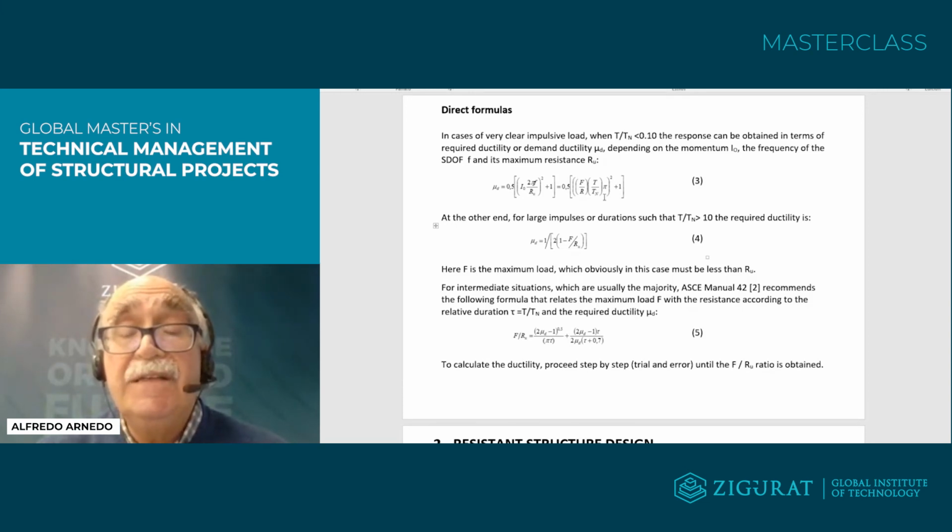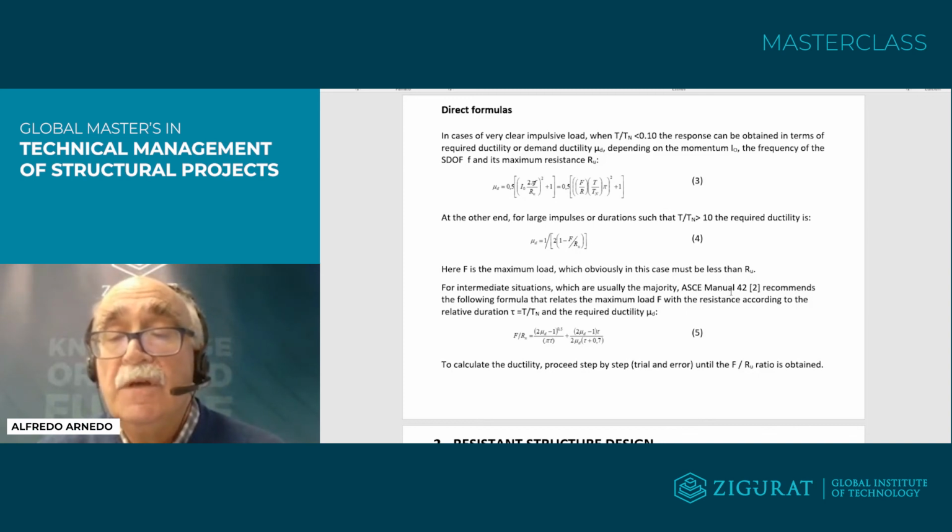Well, apart from these very useful graphics, there are direct formulas taken from this manual, the manual 42 of the ACE.